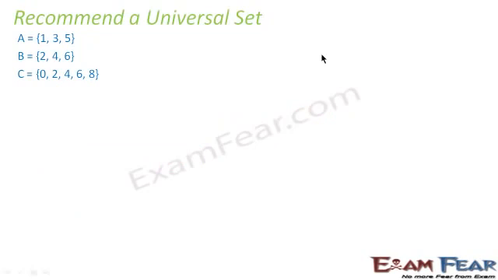Let's take one example. Here we are asked to recommend a universal set for A, 1 3 5. So what can we say? The universal set can be any set which is bigger than this. So we can say that the universal set for A can be 1 3 5 7 9 11 till infinity. So we can say that the universal set of A is all odd numbers, correct?